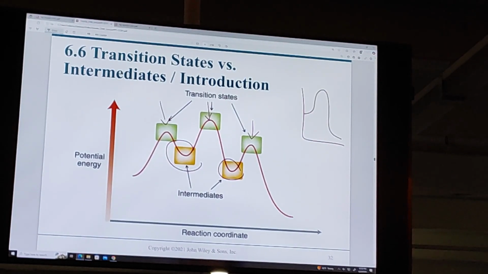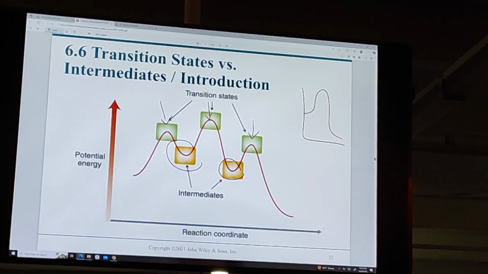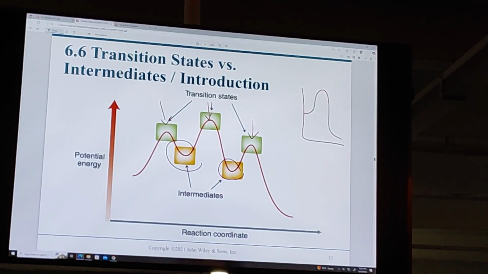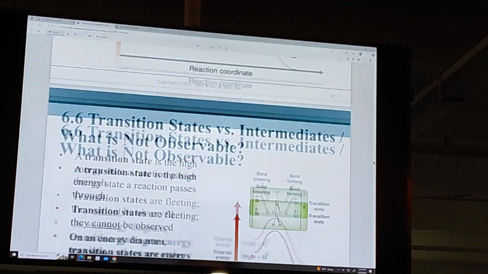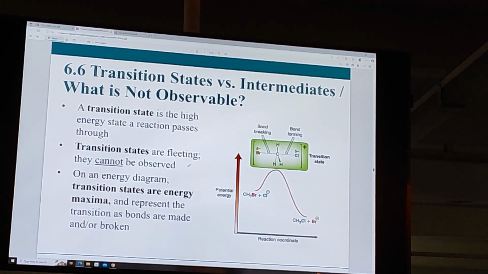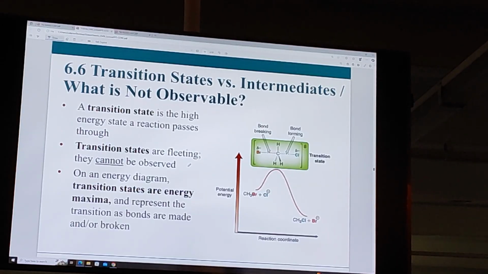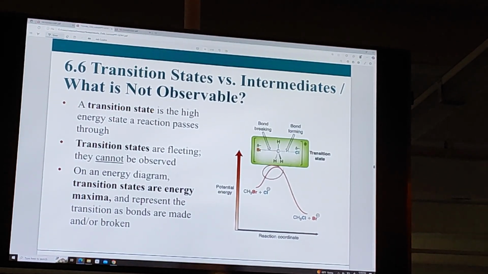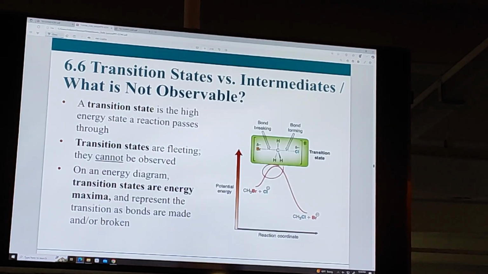That means they'll stay there for a fraction of time, usually in the order of a billionth of a second, to get to the next step. So keep in mind, these are intermediates and these are transition states. But this reaction is a three-step. So if a reaction is only one single step, there are no intermediates, it just happens in one single step.